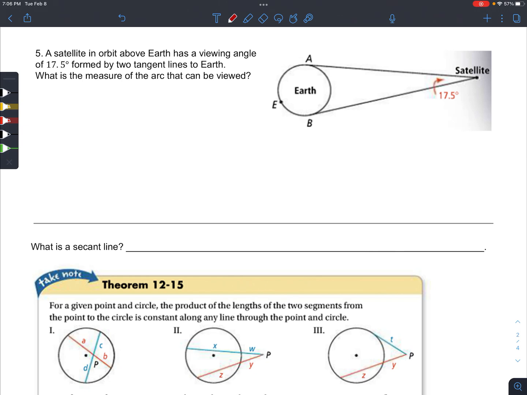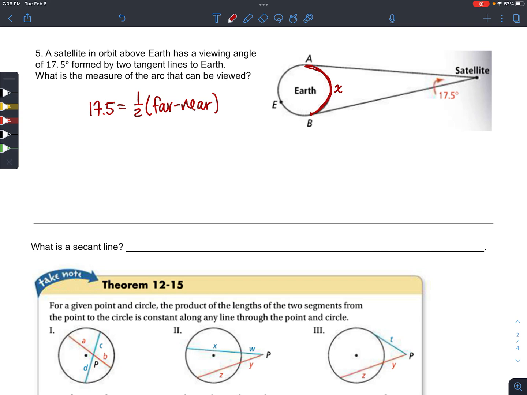What is the measure of the arc that can be viewed? So this is the viewable arc here. And we have not an exterior angle, but we have an angle on the outside there. So that angle is 1/2 the far minus the near.